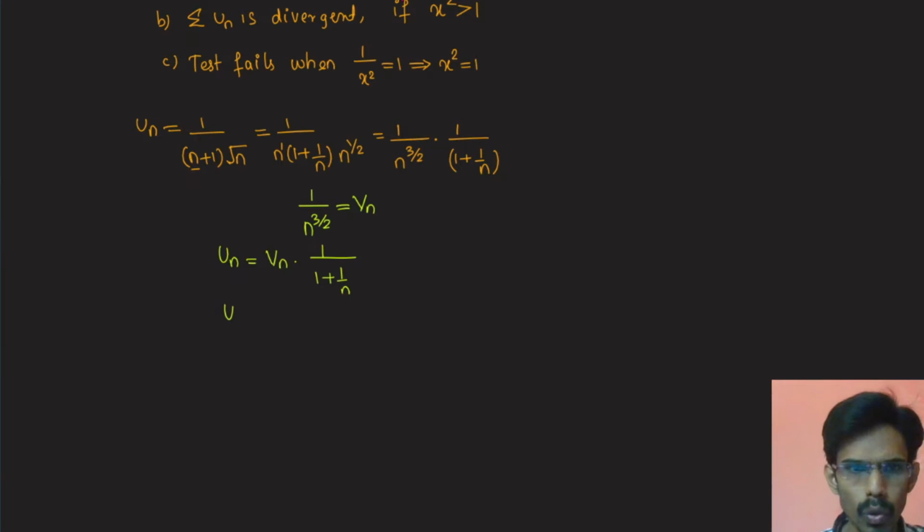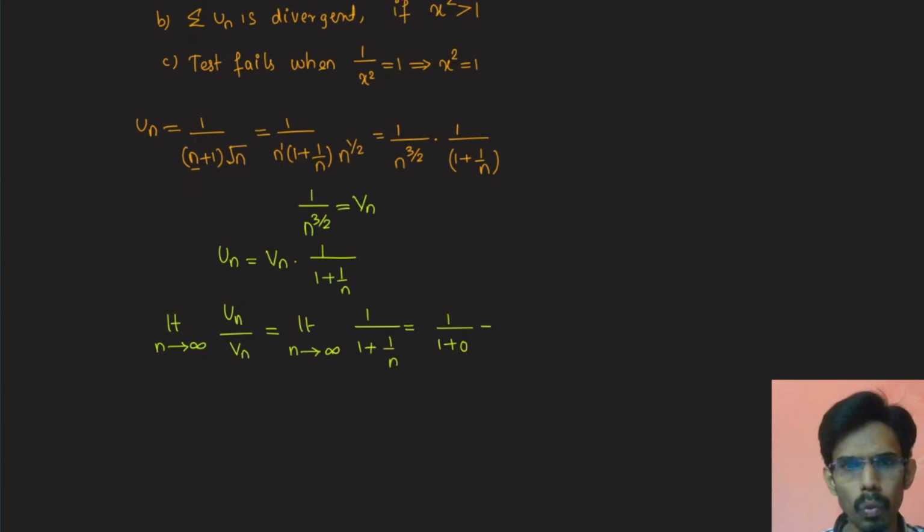Now take the ratio un by Vn, that will be 1 by 1 plus 1 by n. Now apply limits on both sides, limit n tends to infinity. Now 1 by n will tend to 0, so we'll get 1. That is a finite, non-zero number we got.